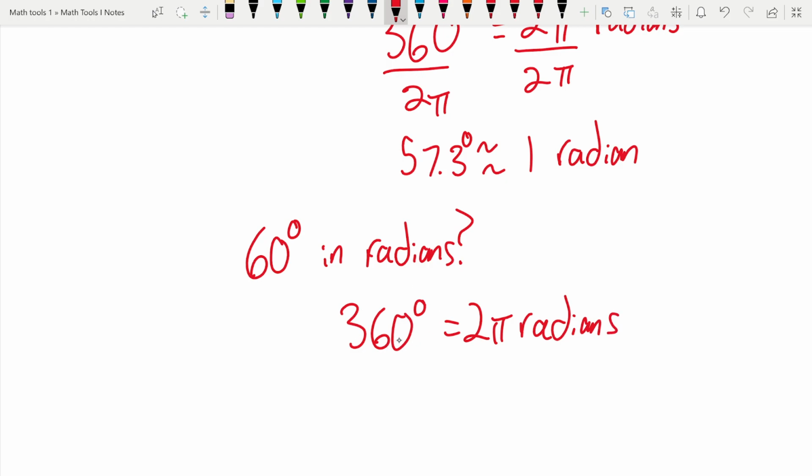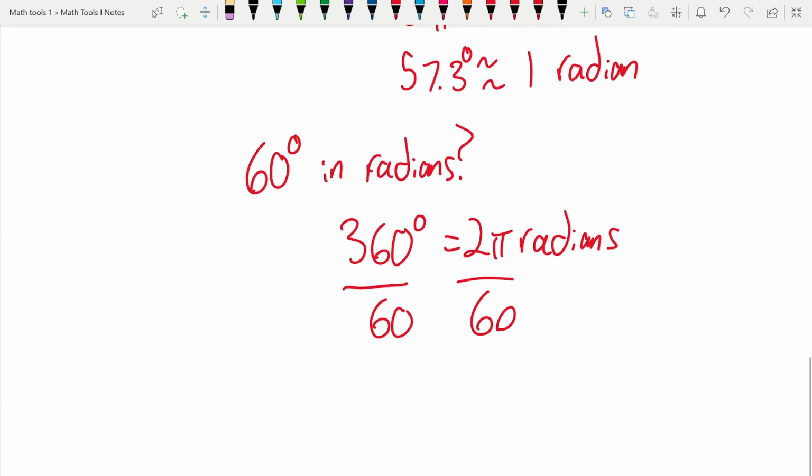So what could we divide this by to get to 60? I'm sorry, we're dividing by 6, not 60. 360 divided by 6 is 60. So 60 degrees is equal then to 2 pi over 6 radians, which is pi over 3 radians.